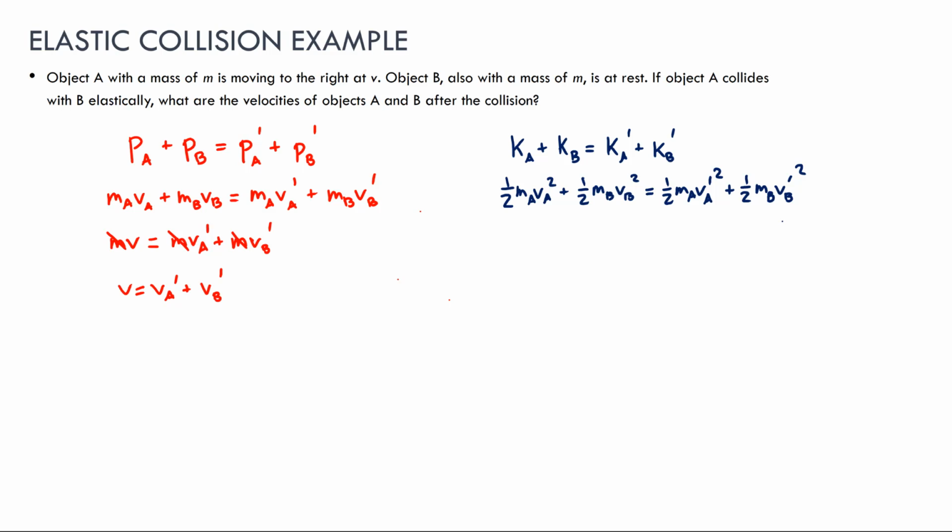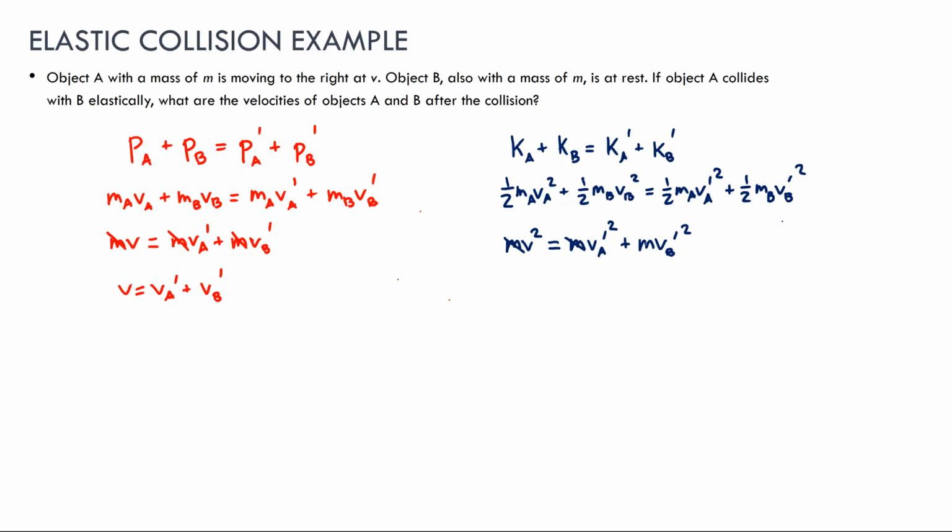If we look at the kinetic energies, I can basically cancel out all of my 1/2s, because I have a 1/2 in everything. I'm left with m times v squared, if I substitute in the fact that the mass of A is m and the initial velocity of A is v, plus 0 because I don't have any velocity initially for object B. That's going to equal the mass of A times the velocity of A prime squared plus the mass of B, which is just m, times the velocity of B prime squared also.